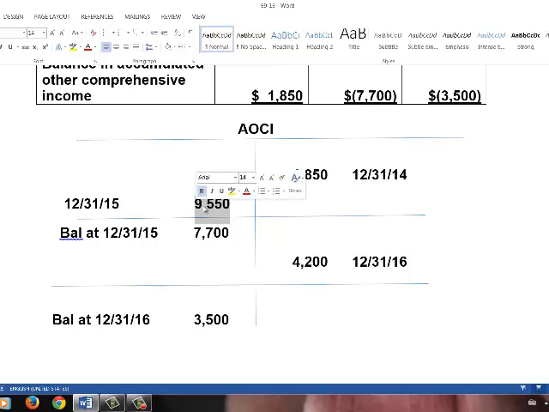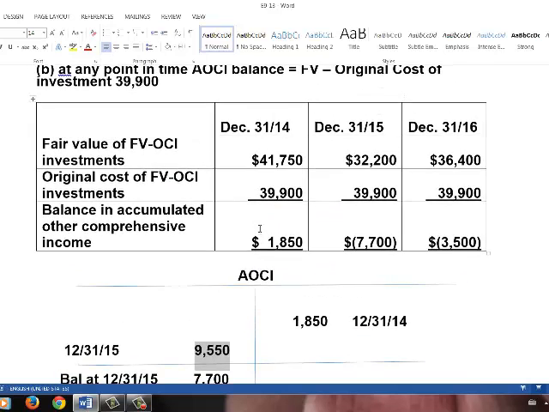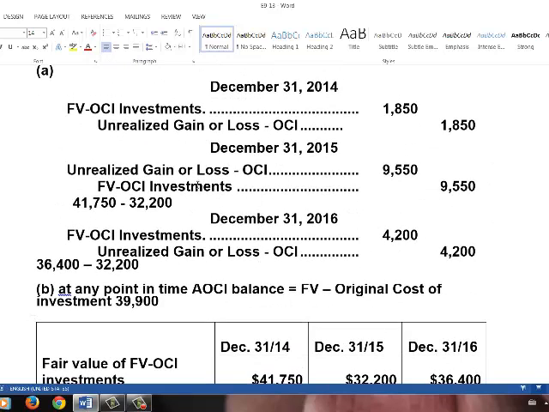So that's your ending balance there. But to get to that ending balance, we must have debited it $95.50, right? And that was here. Comparing the value at the end of the year, which is $41,750 at the end of 2015, to what it was at the end of 2014, this is what the investment account balance was at the end of 2014. So the end of 2014 compared to 2015 gives me $95.50, right?